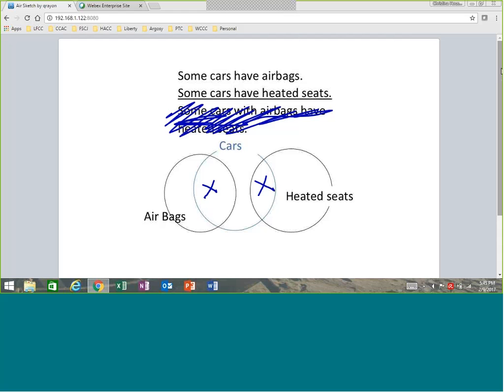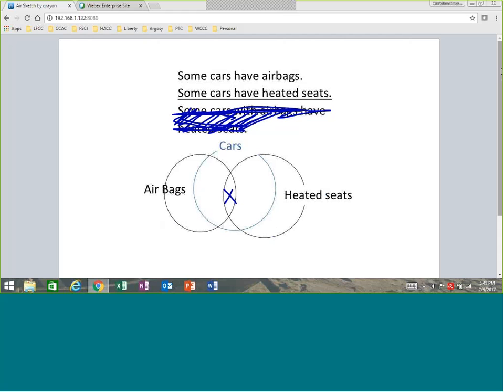And this is the other possibility where the one X that's in the cars, the airbags, and the heated seat circles all takes care of the premise statements. Some cars have airbags, some cars have heated seats. That also works. It's another possible way to draw the diagram.